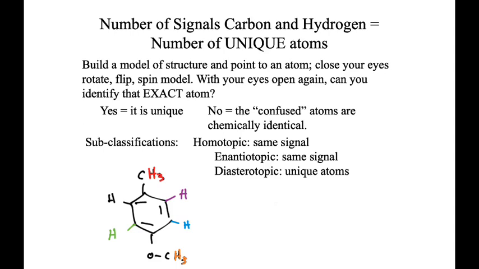Why not? Those are the same environment. There's a line of symmetry across that molecule. These two are identical to each other, and these two are identical to each other, which means how many signals do we have? 4 signals. Red, purple, blue, orange. The orange ones are still different than the red ones because of that oxygen. Does everybody see that line of symmetry and understand what I'm trying to draw on that?